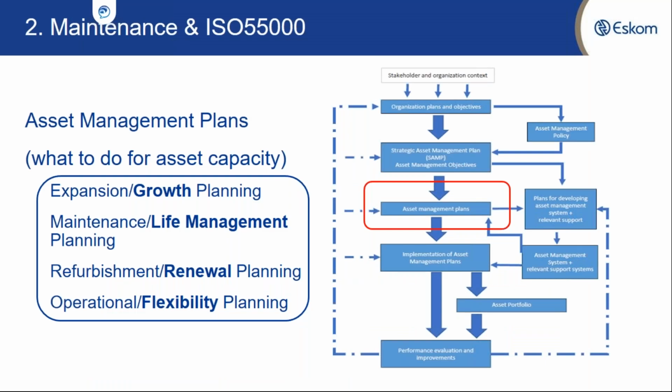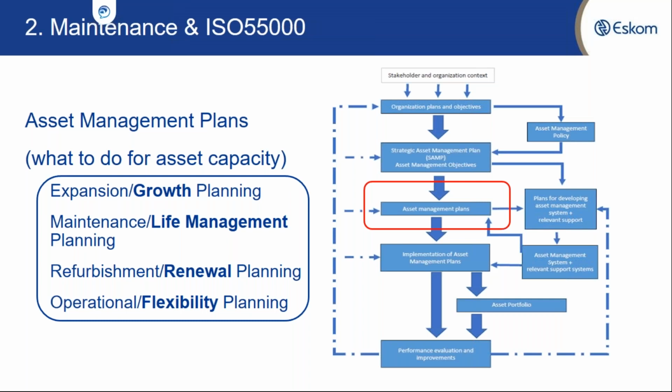Let's now have a look at what ISO 55000 says about asset management plans, of which maintenance is one. The model on the right shows the relation between the various elements of the asset management system. Right in the middle of the flow, we can see that asset management plans are derived from the strategic asset management plans.